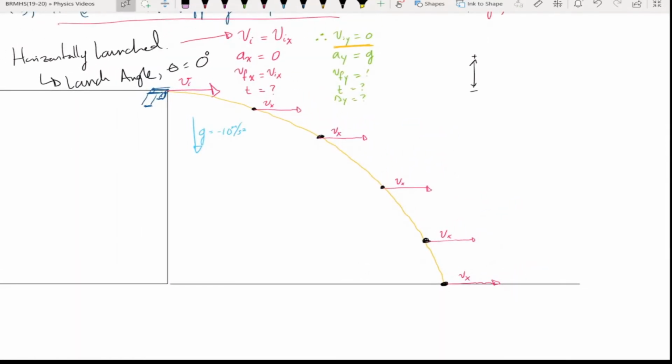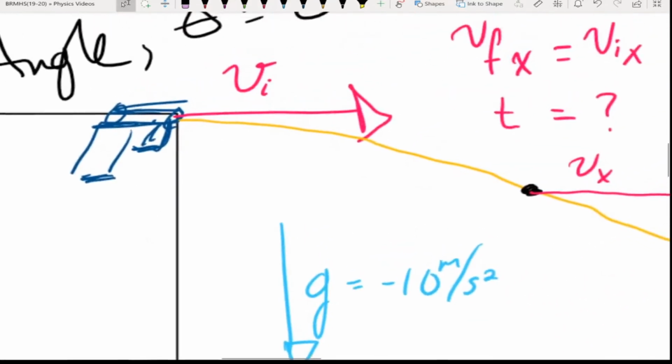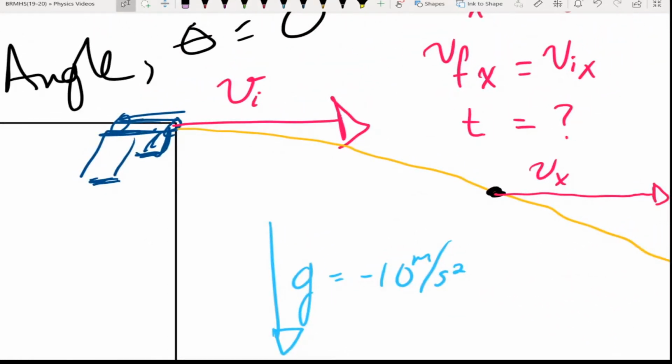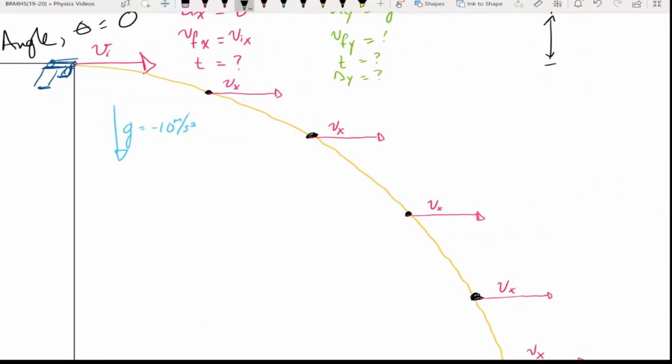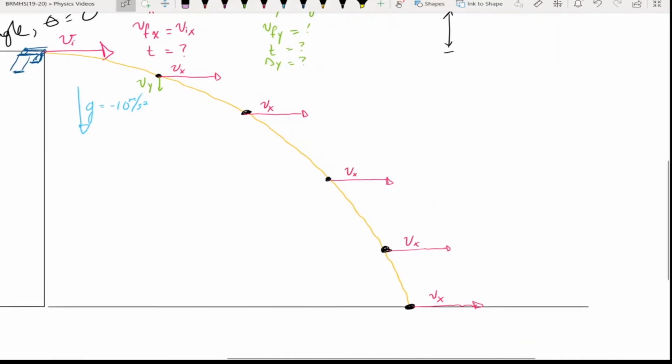It's horizontal. Now, in green, let's draw what our velocity vectors vertically look like. At the very beginning, the initial velocity in the y direction is 0 because all the velocity is just horizontal. After some time, now that it's left the chamber, gravity's pulling it down, it has a little g as an acceleration, so it's got a little bit of velocity in the y direction. A little more time goes on, and just like when you drop an object from rest, it's speeding up, so now Vy is a little larger.